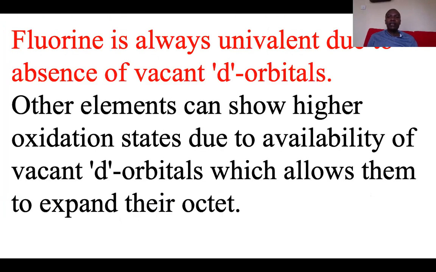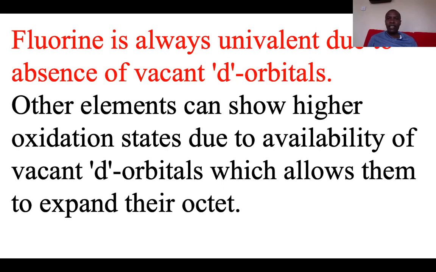Fluorine is always univalent. Why? Because it doesn't have vacant d orbitals. When you write its configuration, you find that it's going to be 1s2, 2s2, and then 2p5.